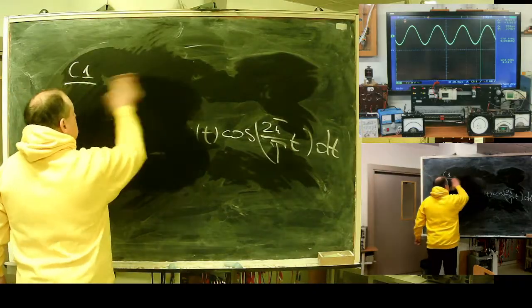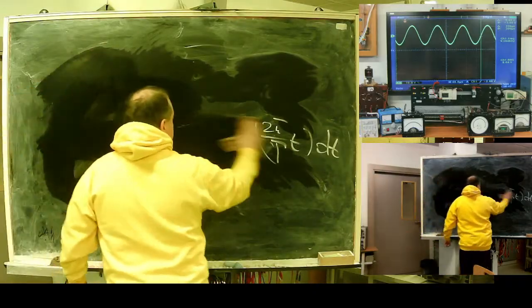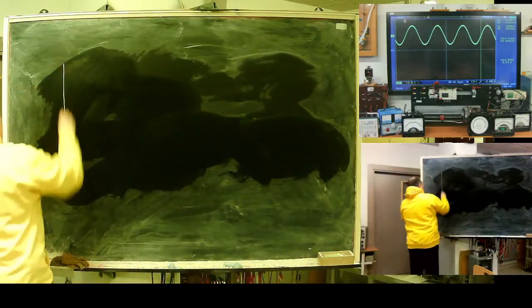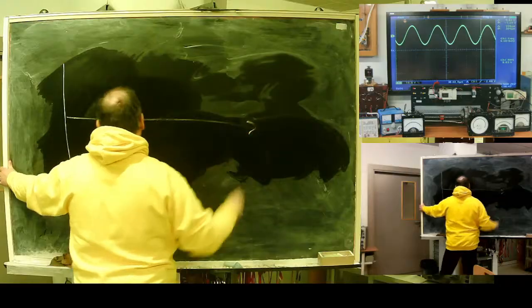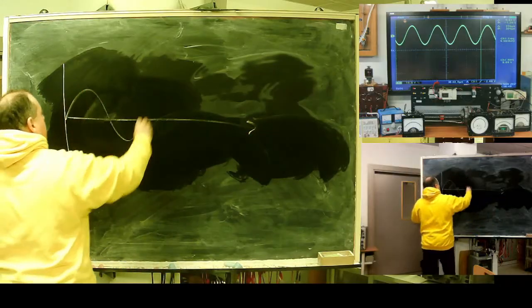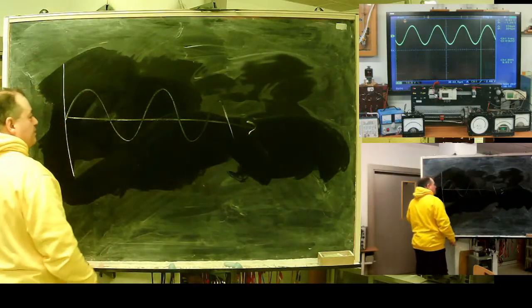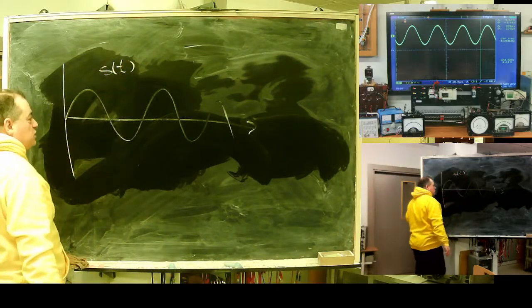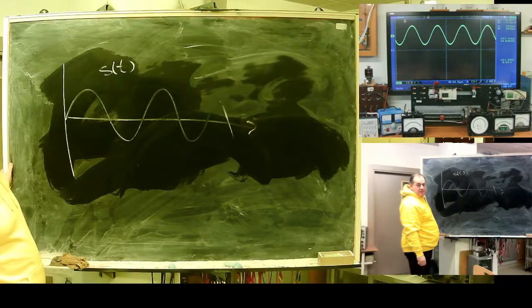Why am I writing this formula? I have an idea about it. My original signal, I don't know, maybe it's voltage, maybe it's time. What do I need to obtain?